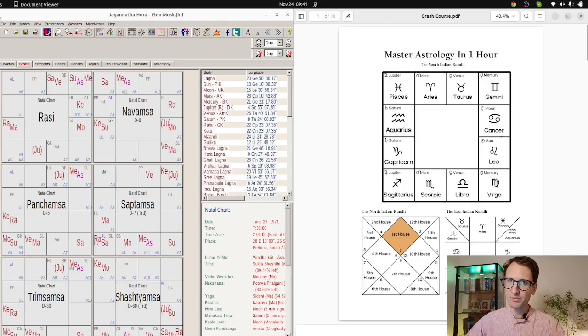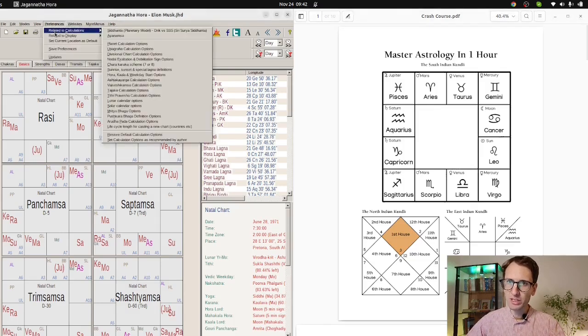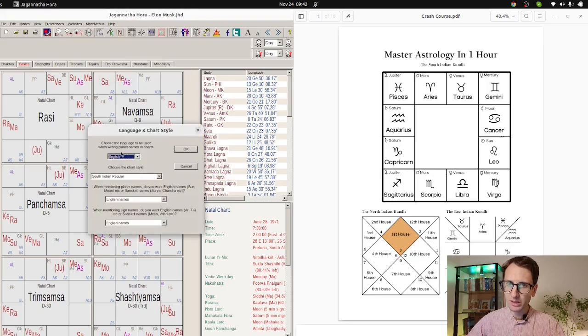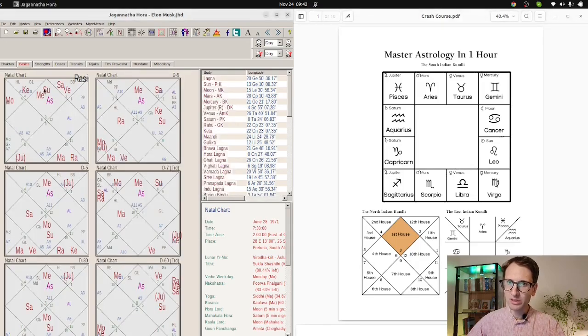First house, Gemini. We can change the display here, under chart style and language, and go to the North Indian diamond chart. And you will see the second house is number 4. Number 4 is Cancer, this is Mercury. Then 5 is Leo, the Moon is in Leo. Number 8 is Scorpio, Jupiter is in Scorpio.